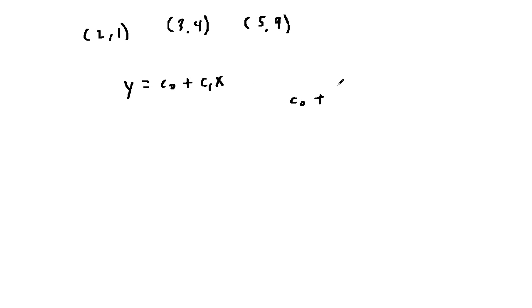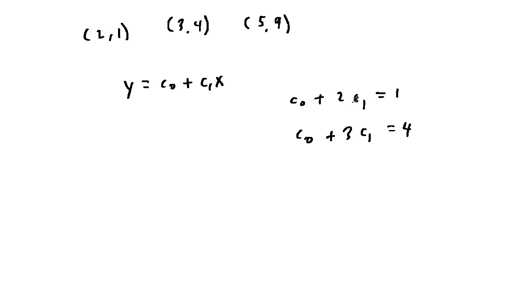c0 plus 2c1 equals 1, c0 plus 3c1 equals 4.